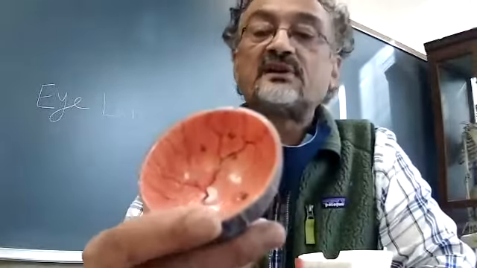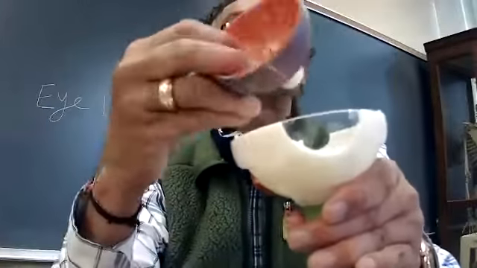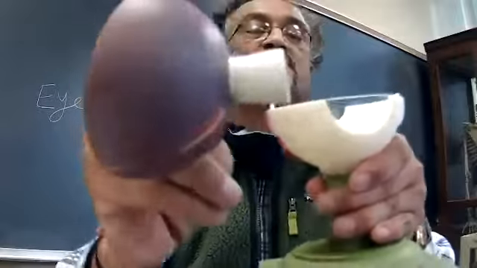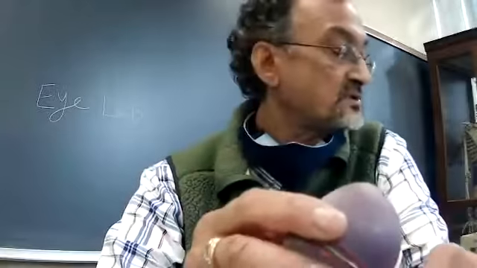Remember, the eye has three layers: the sclera, which is the white of the eye, then the second layer, this purple colored choroid, and then this one, the retina, okay? And then on the retina, you can see the optic nerve, which is there basically at the blind spot, shown here as a white circle.